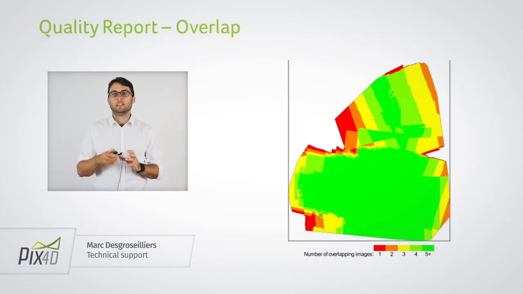So for example, this is a project where I would have a little bit less confidence. At the top, as you can see, quite some yellow and red, and so I would be less confident that the reconstruction in the top part of the project is good, and I would inspect it more closely.